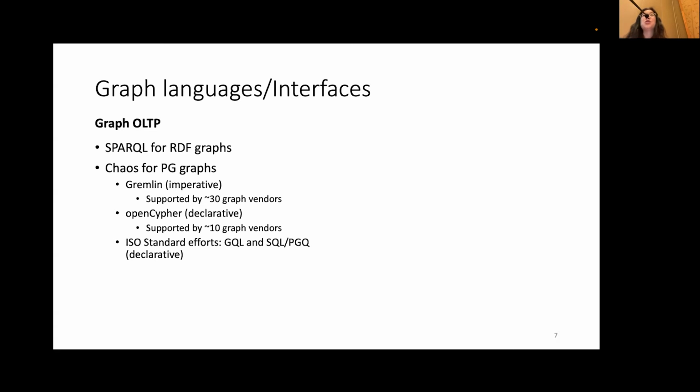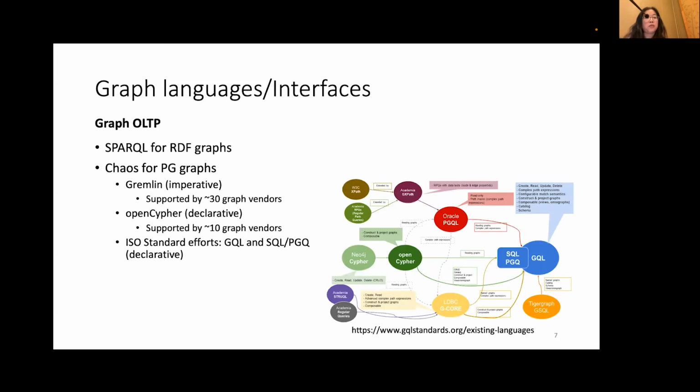And our hope to end this chaos lies in the ISO standards efforts on GQL and SQL PGQ. I'm very glad to know that the SQL PGQ standard is already out and Oracle is adopting it. So hopefully the GQL standard will also be out very soon. Both of these standards integrate ideas from Oracle PGQL, OpenCypher, the G-CORE efforts from LDBC, and TigerGraph's GSQL.